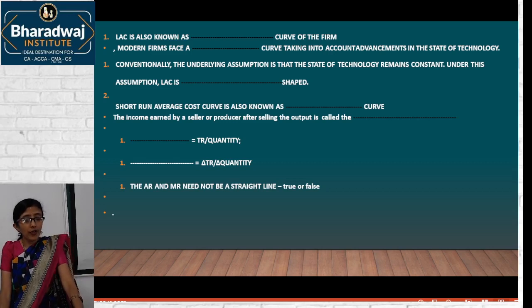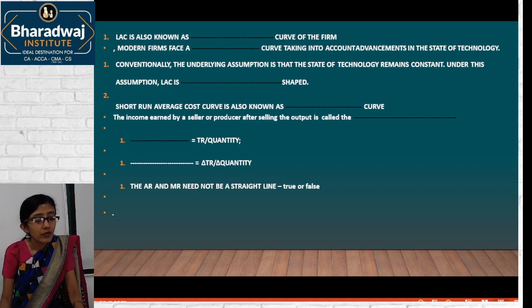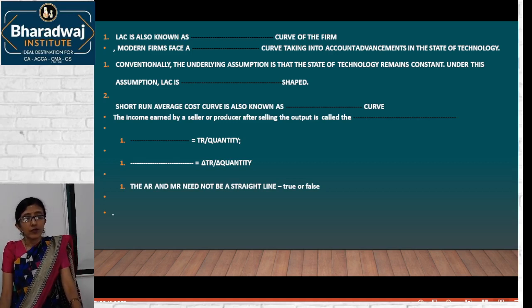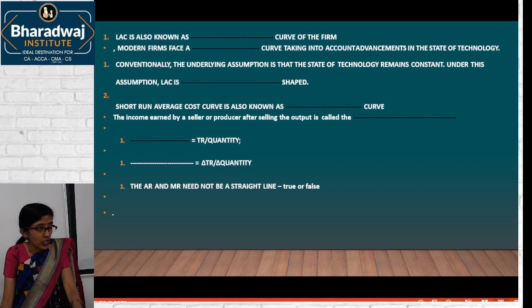Modern firms face a dash curve, taking into account advancement in the state of technology. Conventionally, the underlying assumption is that the state of technology remains constant. Under this assumption, LAC is dash shape. Shortened average cost curve is also known as dash curve. The income earned by a seller or a producer after selling the output is called as dash.